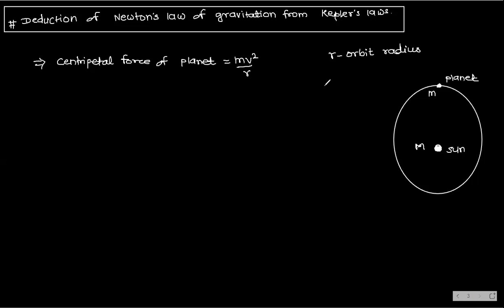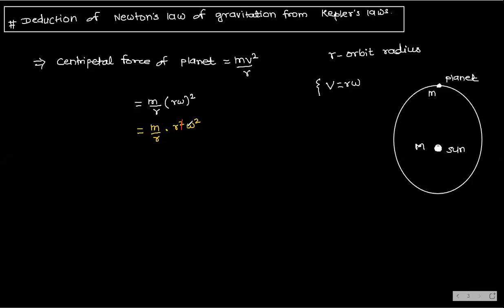Last time we learned that v is equal to r omega. So can I write it like this? m by r into (r omega) whole square, which is m by r into r square omega square.